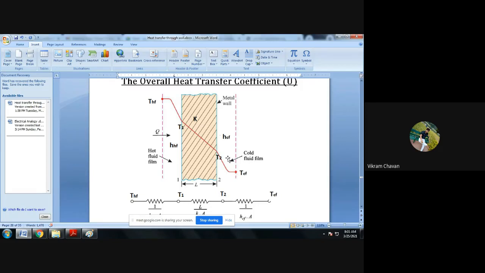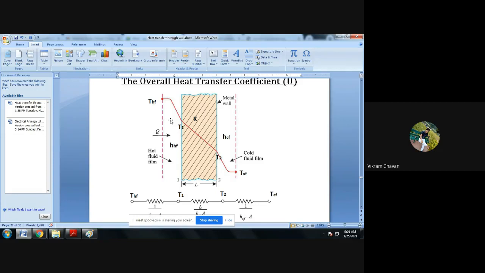In that case, the heat will transfer across the metal wall, or across any material wall, so there is a presence of convection and conduction modes of heat transfer. Whenever heat transfers from fluid to the surface, we need to consider it as the convection mode of heat transfer.